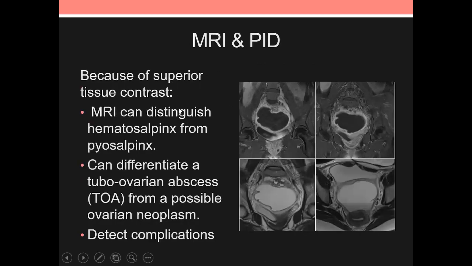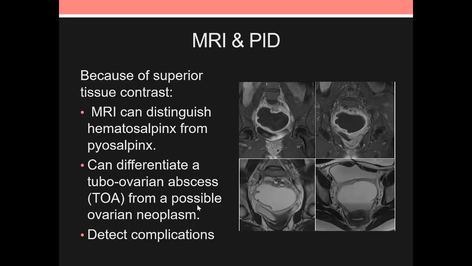Regarding MRI, it also has superior tissue contrast. MRI can distinguish hematosalpinx from pyosalpinx and can differentiate tubo-ovarian abscess from possible ovarian neoplasm. Can tubo-ovarian abscess be misdiagnosed as ovarian neoplasm? Of course. If the tubo-ovarian abscess is chronic, sometimes it can be diagnosed as a borderline ovarian tumor or cystadenoma.